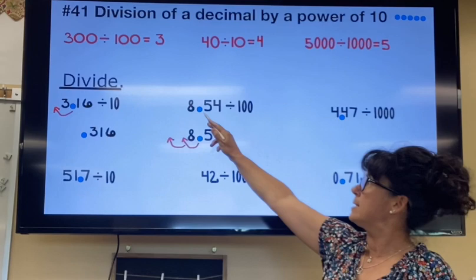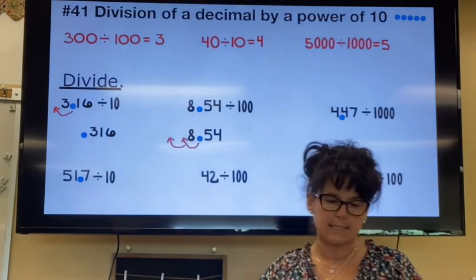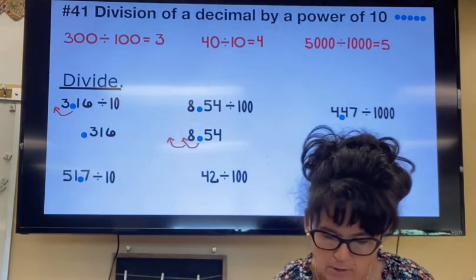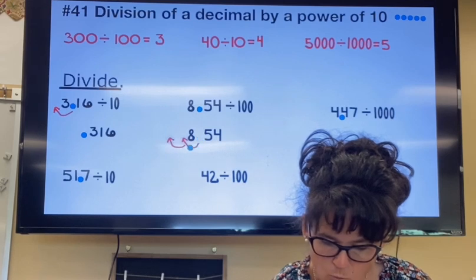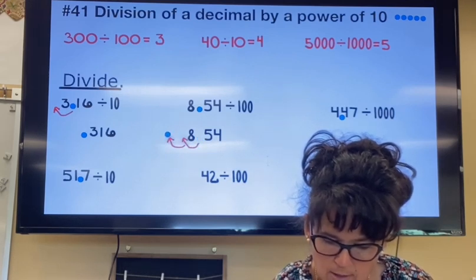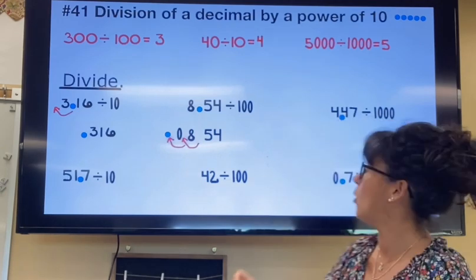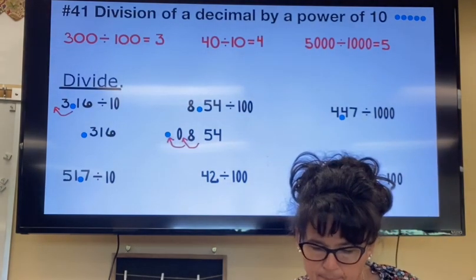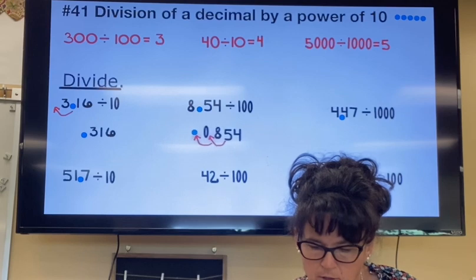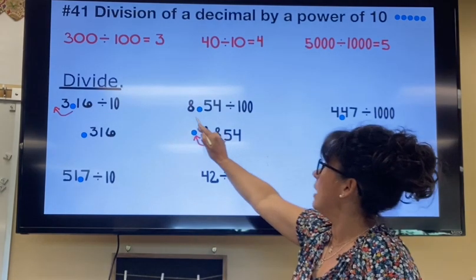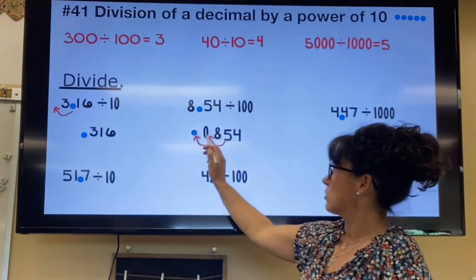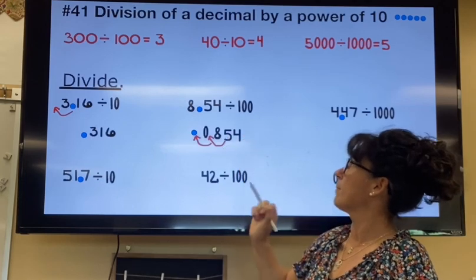But if you move the decimal backwards 2 places, I need a placeholder. So I'm moving this decimal 1, 2, but I'm going to need to add a 0 in there to hold the place value spot. So let's take a look there. Again, 1, 2, so 0.0854.